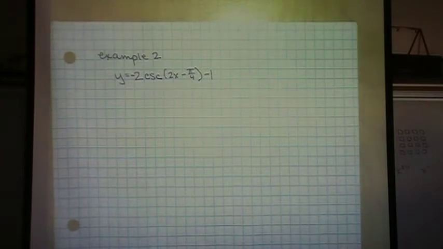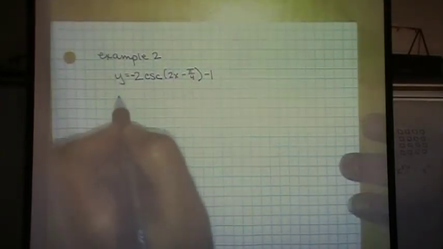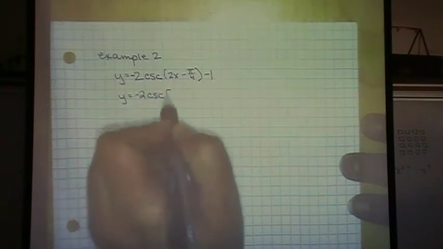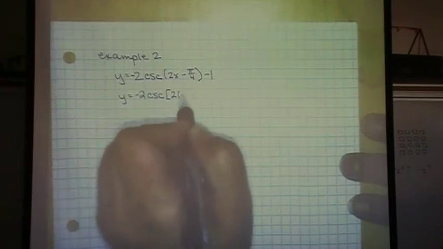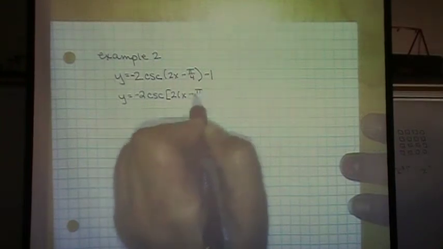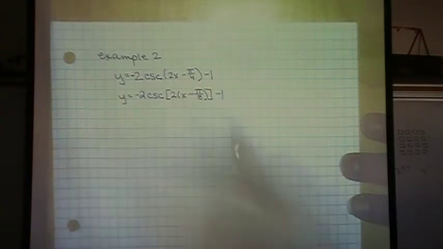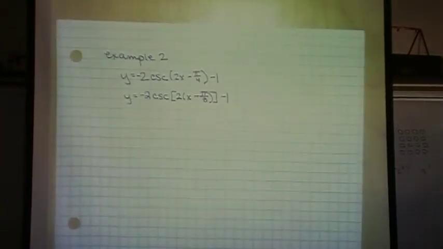What we're going to do is take out our b value. And so y equals negative 2 cosecant of 2 times the quantity x minus pi over 8, minus 1.